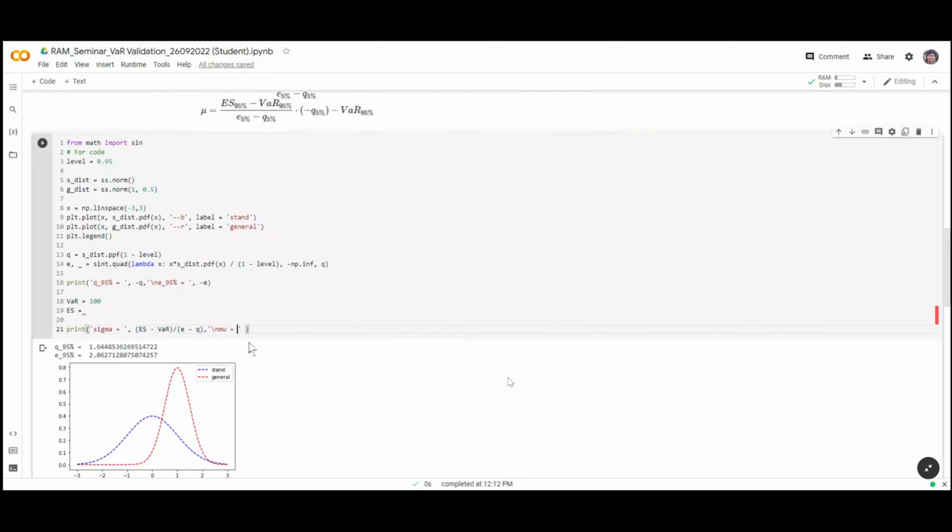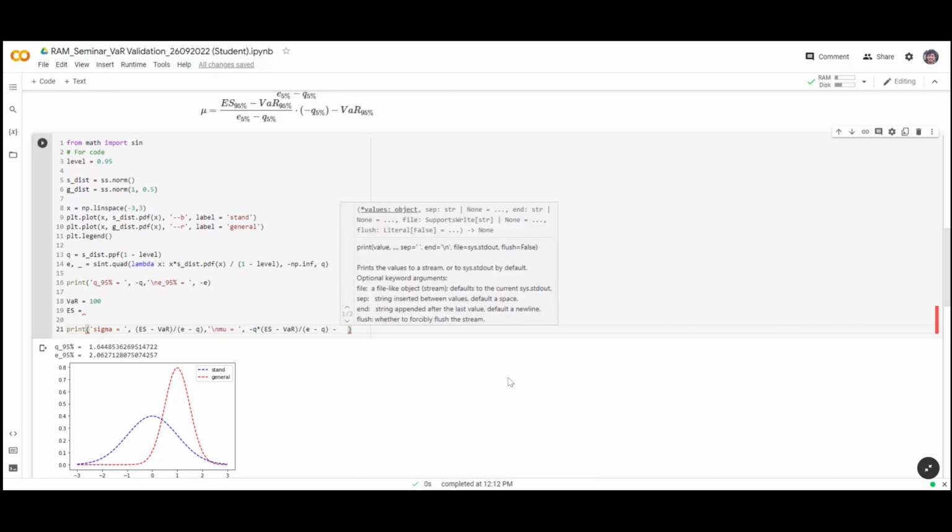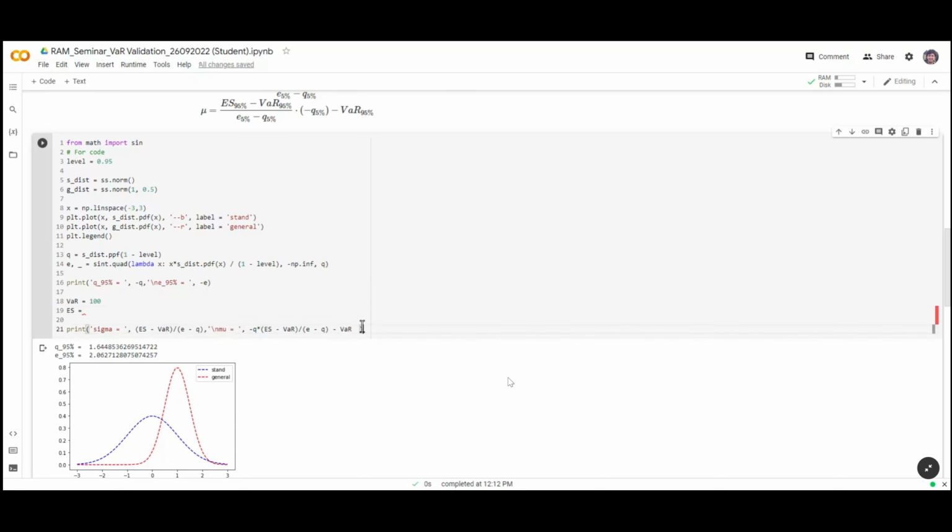Here is my multiplier. I'm going to multiply it by minus Q. And I'm going to subtract VAR. Okay. So here we are.